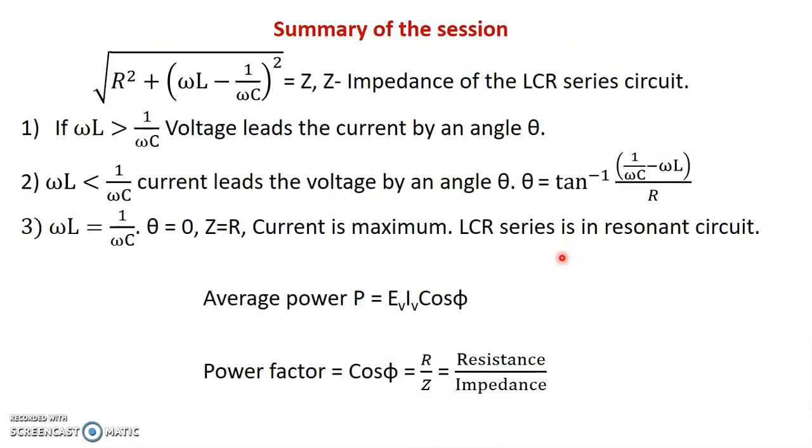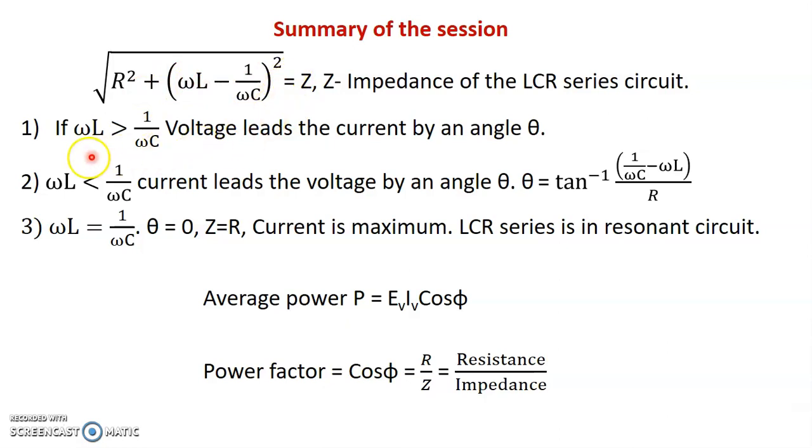Now in this session we learned the expressions for the impedance, average power and power factor, where the impedance is given as the square root of R squared plus (ωL − 1/ωC) whole squared.